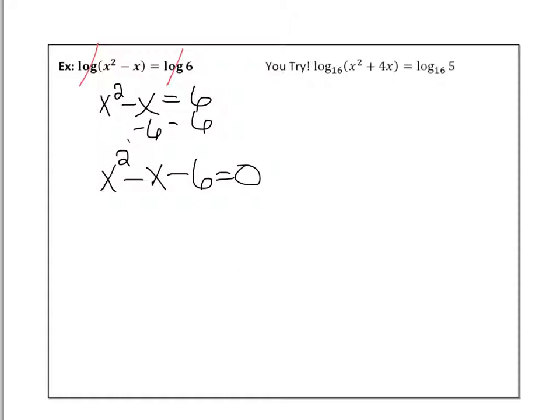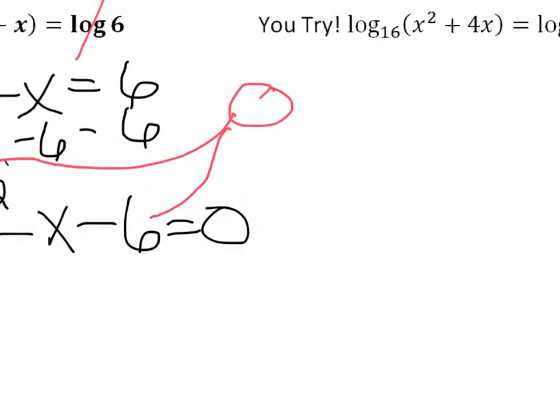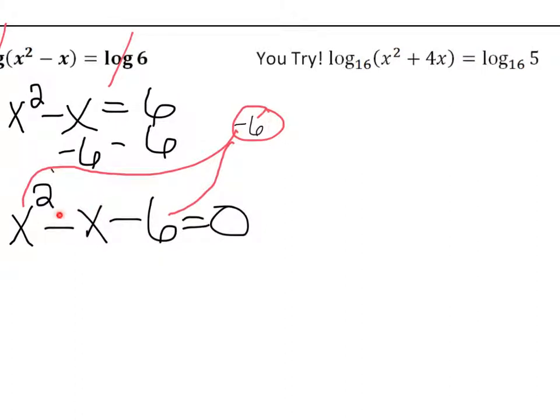To solve this, hopefully you're recognizing that this is a factoring problem, which means we're going to use the Santa hat here. So we've got 1 for the x squared times negative 6, so we're looking for factors of negative 6 that add to our middle term, which is a negative 1.